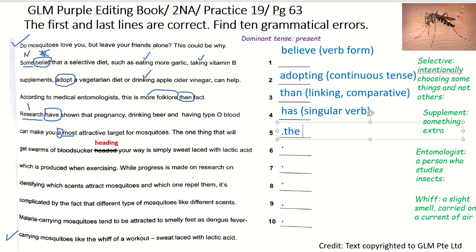Okay, because this is, sorry, not the, inaccurate. Okay, not the, compared, the most, or is it a most? Okay, the most, or is it a more attractive?